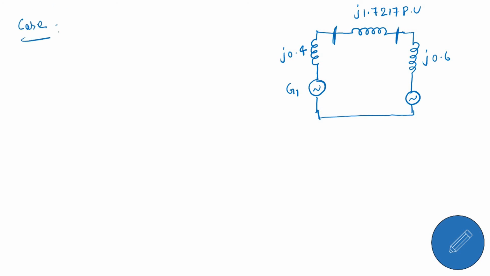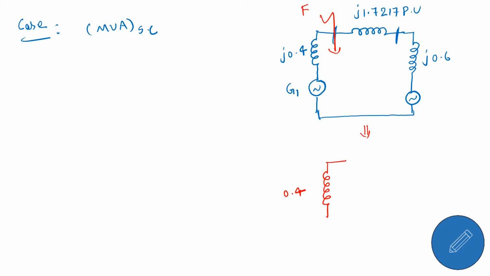That is case 1. We need to find out MVA short circuit at each station. First, I am assuming the fault has occurred at this point. So this is the fault point. With respect to these terminals, I need to find out the Thevenin's impedance. If I replace this circuit, this is 0.4.